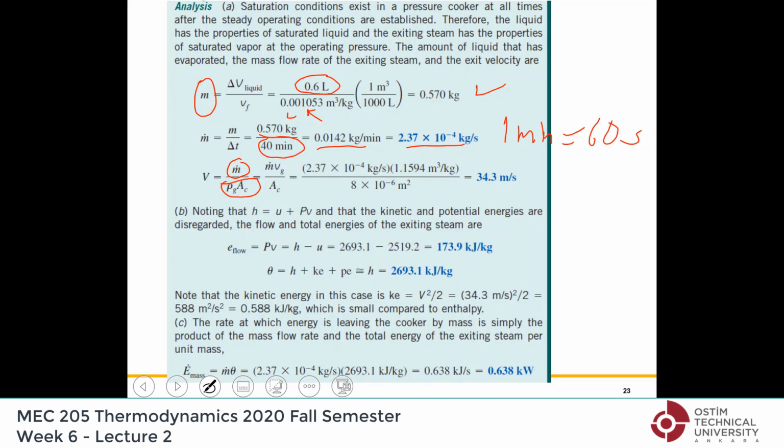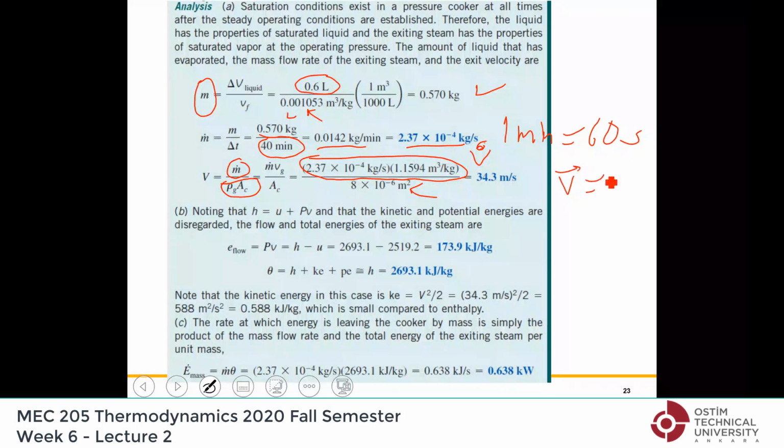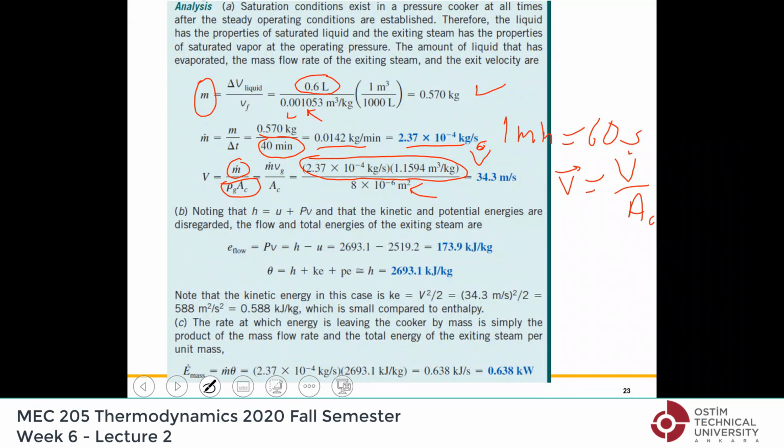So this is the volume of the vapor leaving, and this is the cross-sectional area. So average velocity is volume flow rate divided by the cross-sectional area. It is what we did here, and we get about 34.3 meter per second. This is the average velocity.